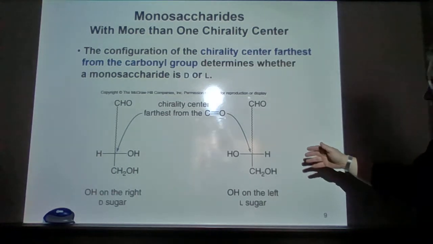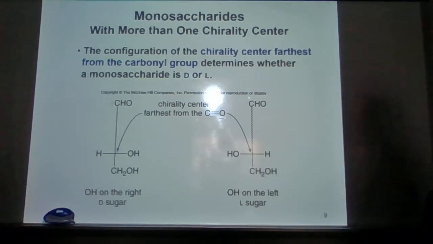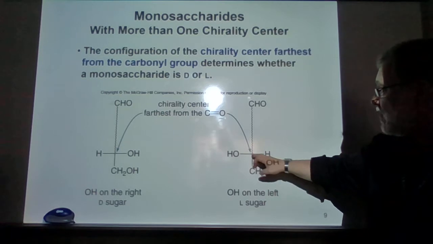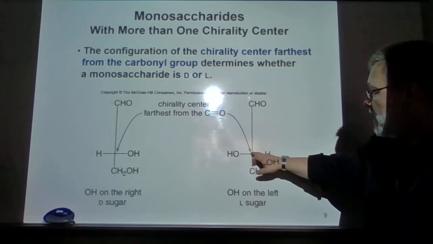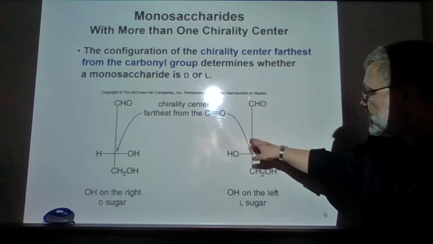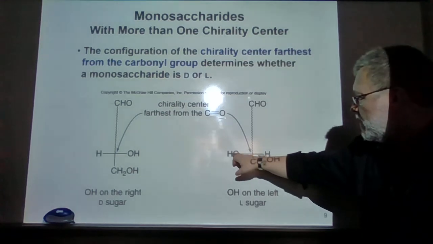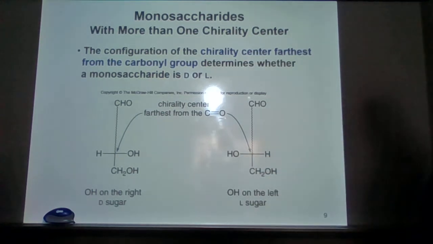And this particular isomer, the OH is on the left. Here's your vertical line of your carbon chain. Here is the last chiral carbon that's farthest away from your carbonyl. Since it's to the left, this is the L isomer.